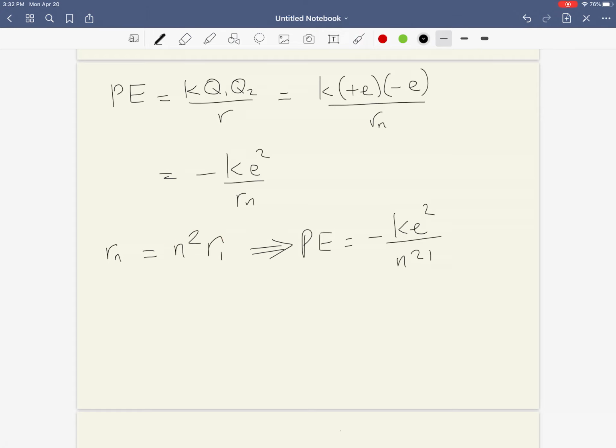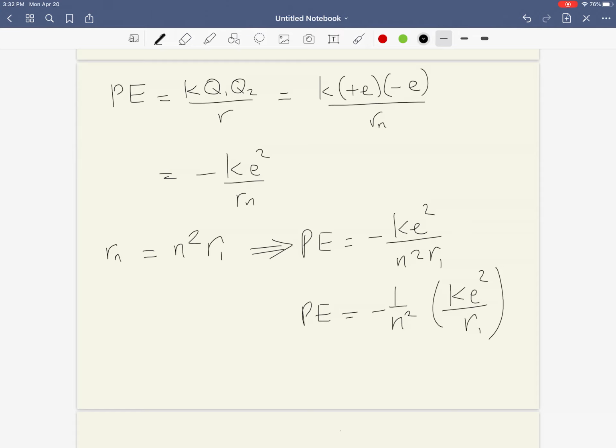So n squared R1. And so we end up with an expression for the potential energy as follows. It's negative 1 over n squared times k e squared over R sub 1, the Bohr radius.